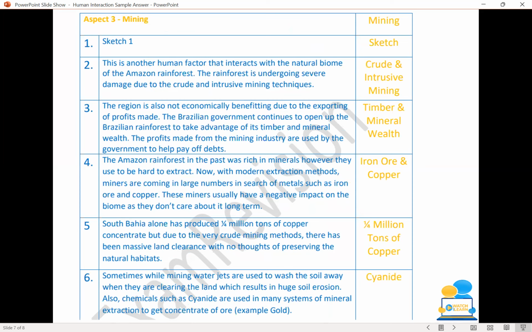And again, like in the previous answers, we are allowed SRPs for sketches, up to 2 labeled sketches that we can put into our answers. Again, you can put in a sketch of a soil, the O, A, B, and C horizons. You can also put the sketch in of the 4 different layers of the tropical rainforest, ensuring that you have them labeled.